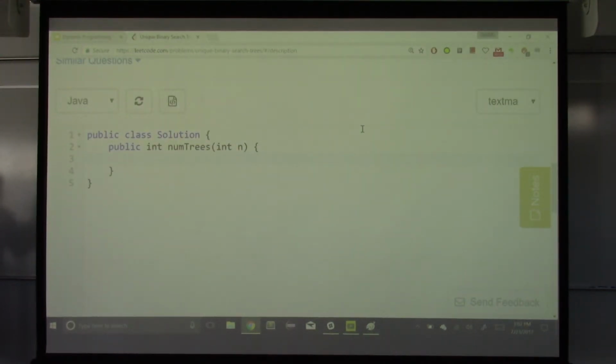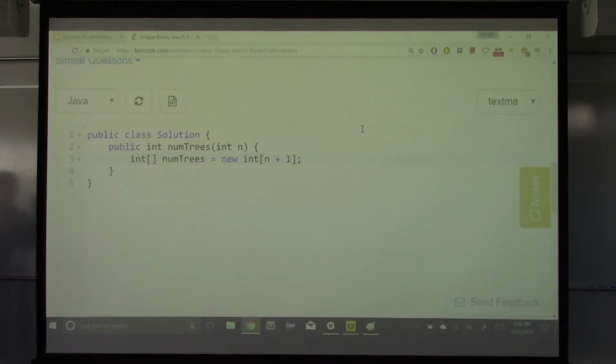Tell me what do I type first? Create an array basically. Of what size? N plus 1. Why n plus 1? So we have the null tree at 0.